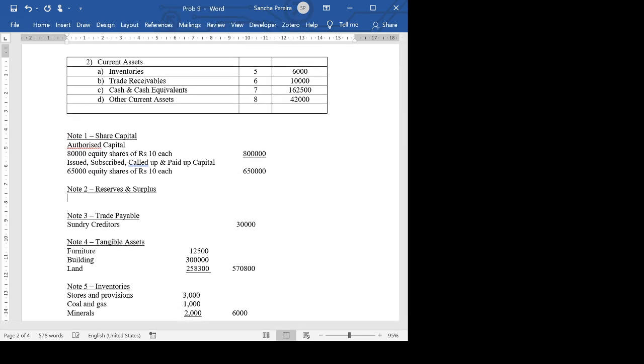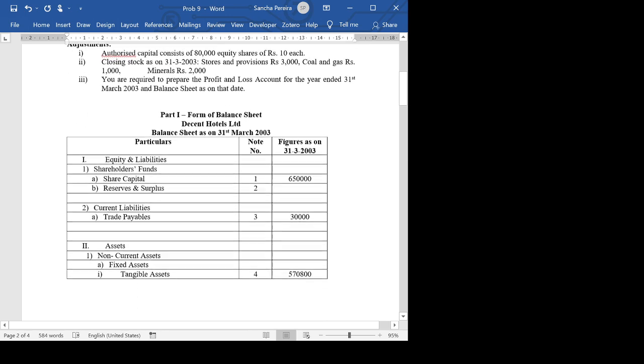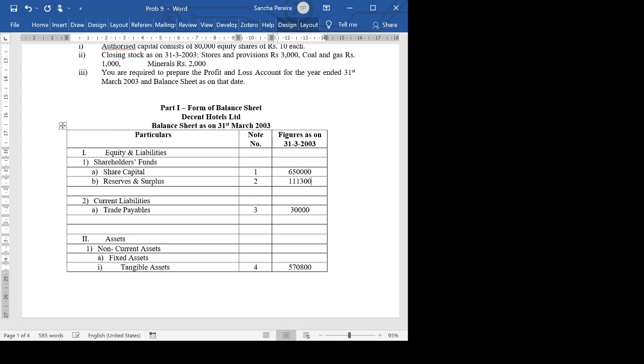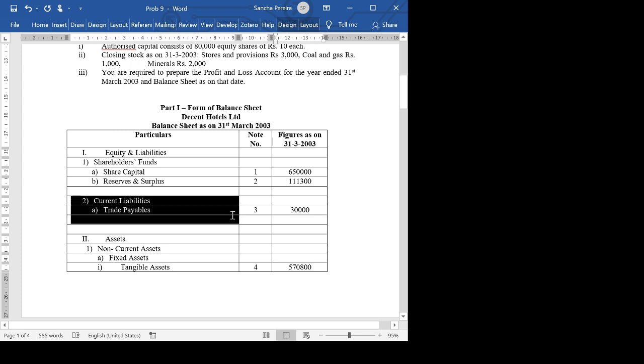It's going to be here, net profit for the year or for the period, which is 1,11,300. This we transfer to the balance sheet and check if the balance sheet tallies.